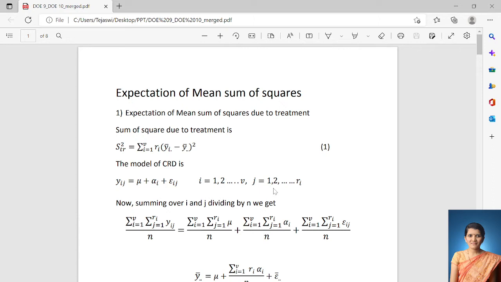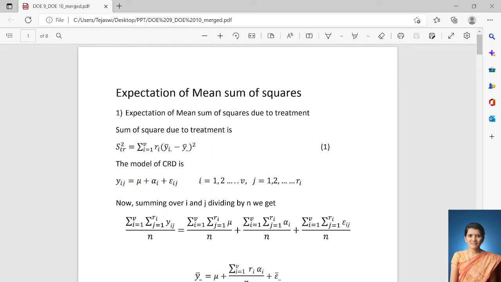Now from this mathematical model, we want these two terms, y_i dot bar and y double dot bar.